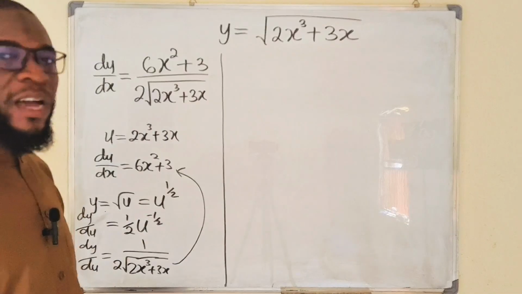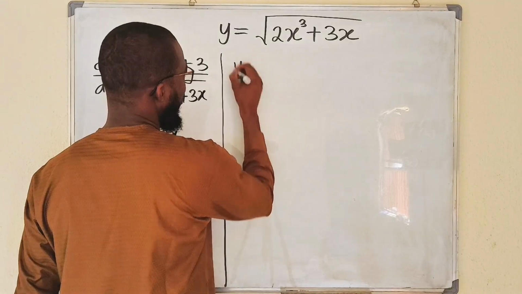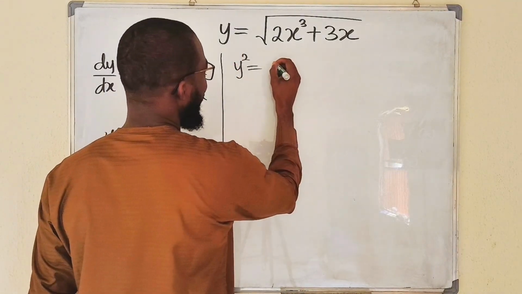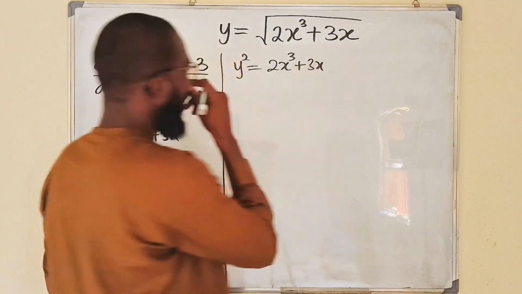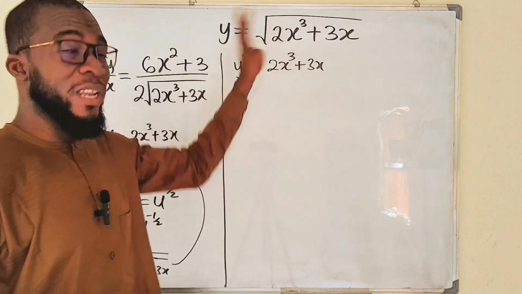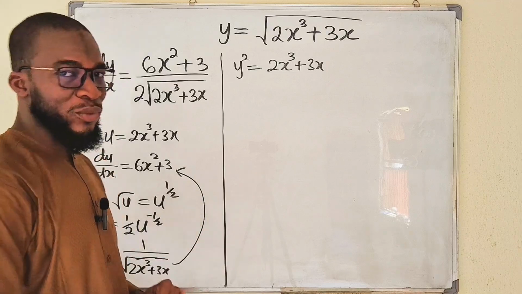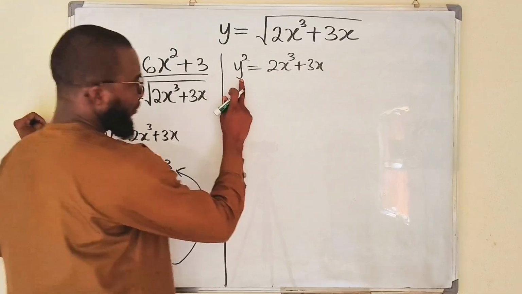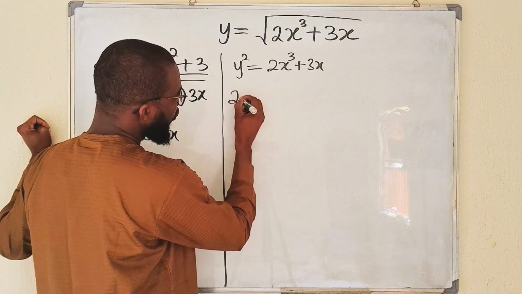We can square both sides. If you square this, you have y squared. Square the other side, you have just 2x cubed plus 3x, because the power of 2 will eliminate the square root. So from here, you can differentiate both sides with respect to x. If you differentiate y squared with respect to x, you have 2y.